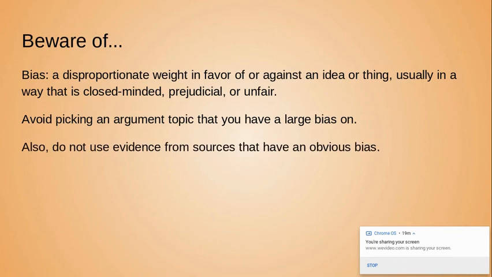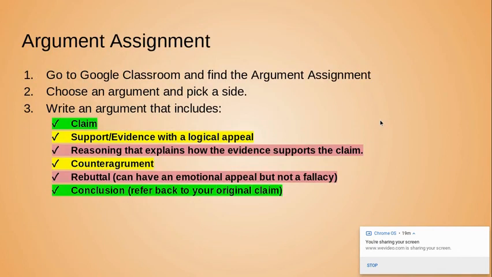Also, do not use evidence from sources that have an obvious bias. If you're looking up information to support your case and you're looking at sources that have a lot of those fallacies in them, it's not a good source. You need to avoid those sources that have that obvious bias.